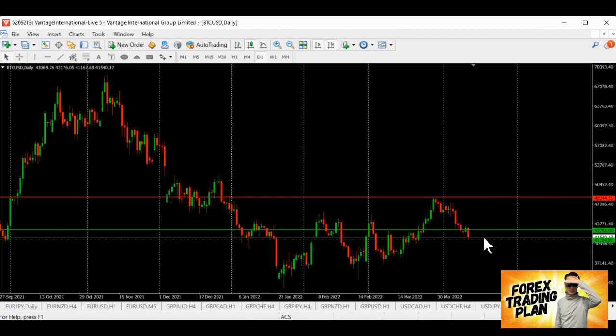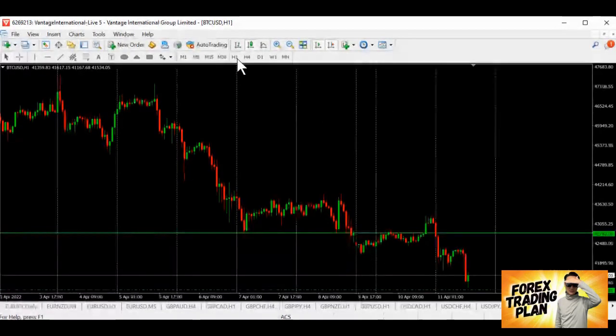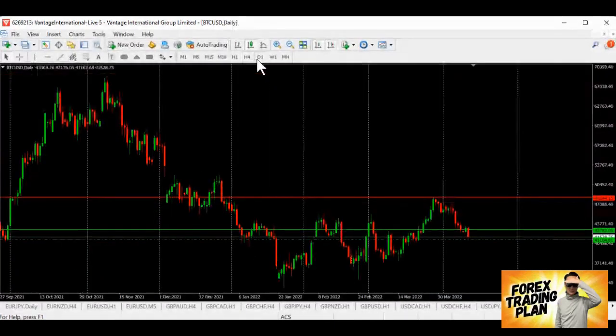Right now it's still looking for support. The support I'm looking at for Bitcoin against the dollar is around 41K, which would be a market price to buy. It really depends on the best timing for me to get into the trade, on the situation on the spot.